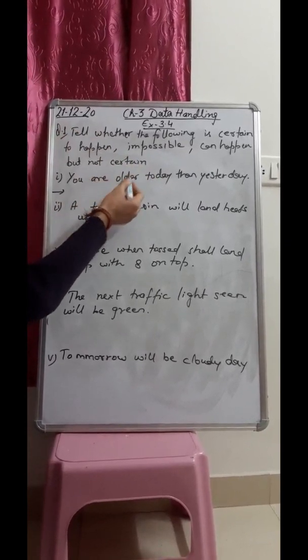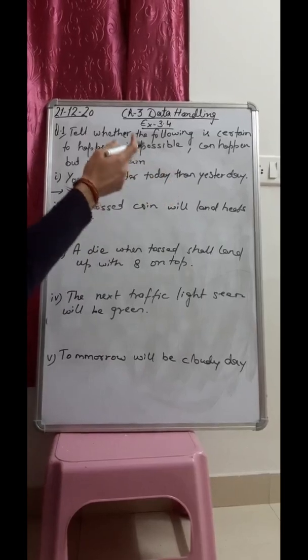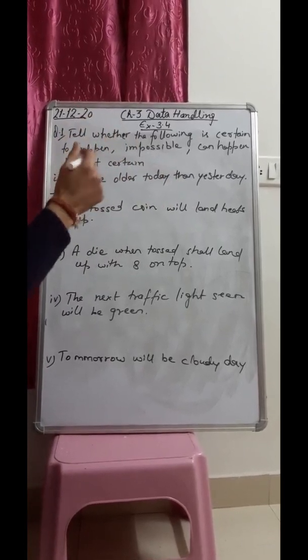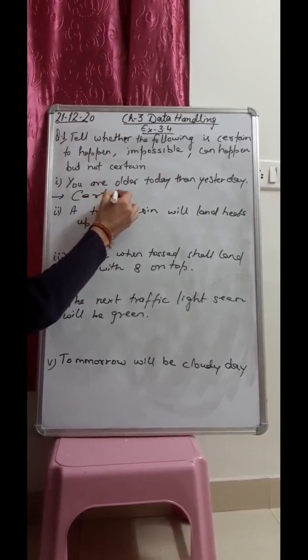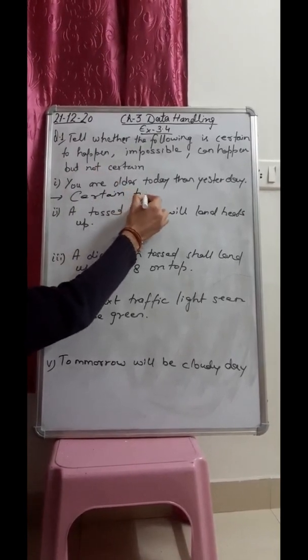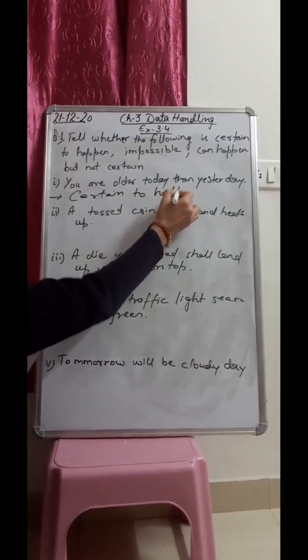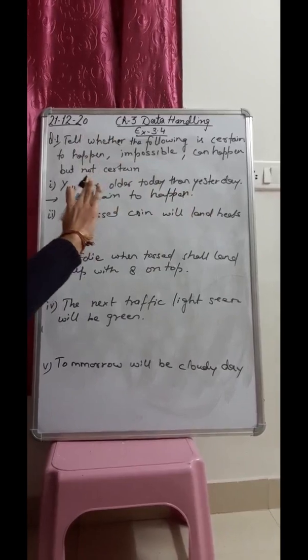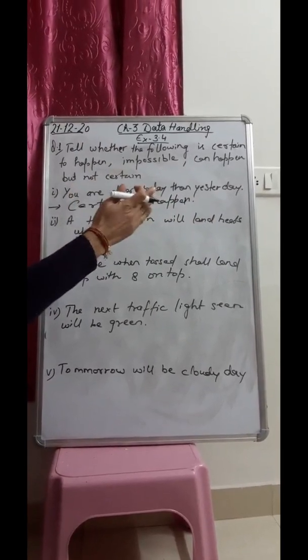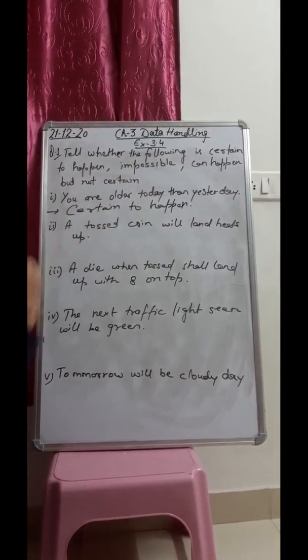So you are older than yesterday. Yes, that is certain to happen. We are sure. This event is going to occur because the next day you are older than yesterday.